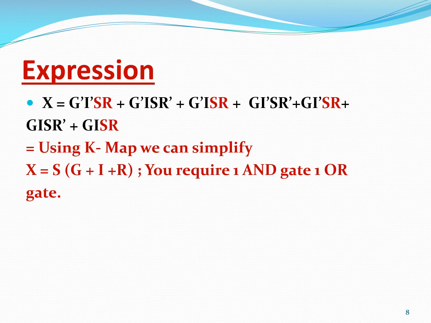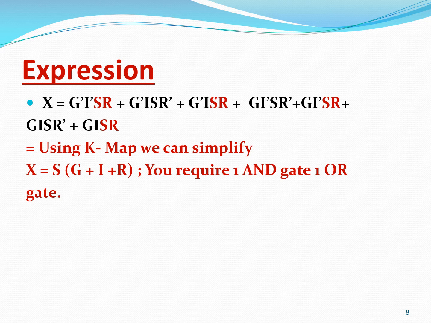So when we study the K-map, we will simplify it. The idea was to link where these variables are coming from. But if you simplify using the K-map, ultimately we come out to be S into (G plus I plus R). For now take it that it is correct, but when we study the K-map, we will try to simplify this expression also by using the K-map.